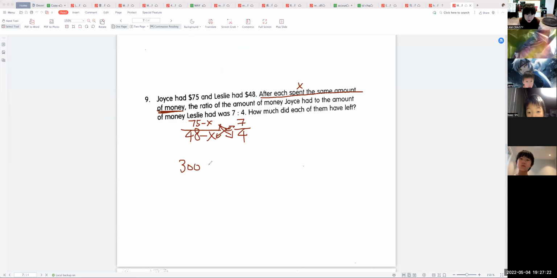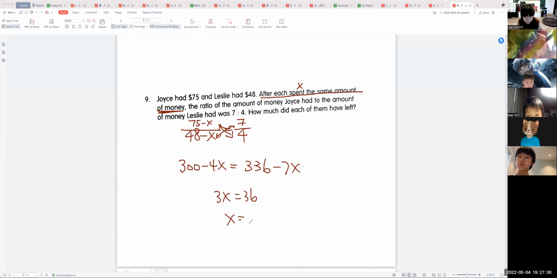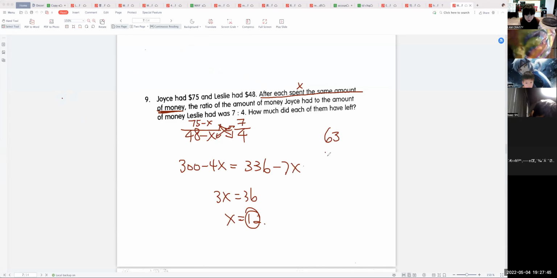So 300 minus 4x equals 336 minus 7x. So 3x equals 36, so x equals 12. So that's why they spend $12 each. So the money left is 63 and 36.